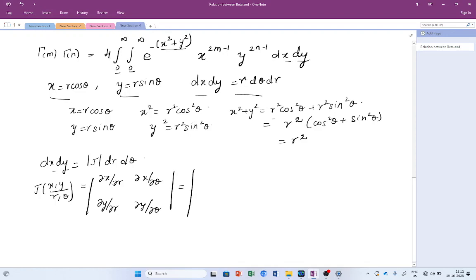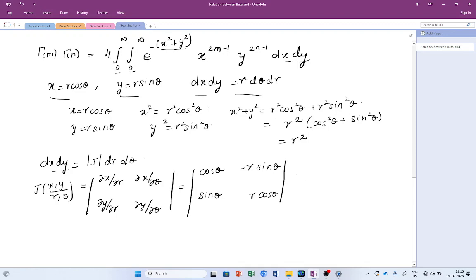X with respect to r is cos theta. X with respect to theta, differentiation of cos is minus sine, so it is minus sine theta. Now y with respect to r, when I differentiate I get sine theta. Y with respect to theta, it will be r cos theta.